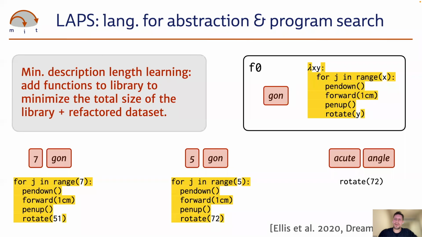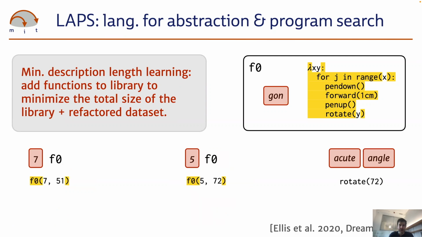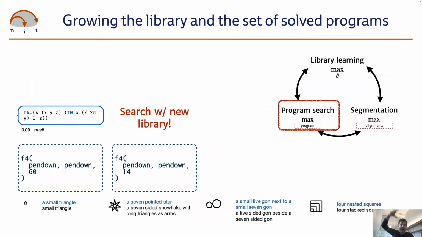So just to clarify, over the course of training, the pieces of code that you split or choose as low primitive actions, do they get split again? No, so once I've added a function to the library, it just sits in the library. When I go back and search, I can now express the new programs that I search for in terms of things that I've added to the library.